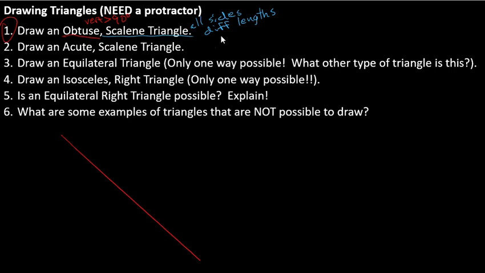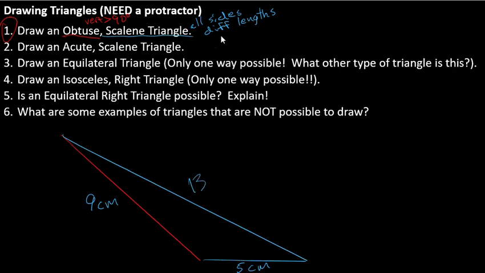So all I'm going to have to do is make sure one of my angles is greater than 90. This side here is 5 centimeters. This side I drew was right at 9 centimeters. And this one, I'm going to need a ruler, is right at 13 centimeters. This angle here, eyeballing it, is about 140.